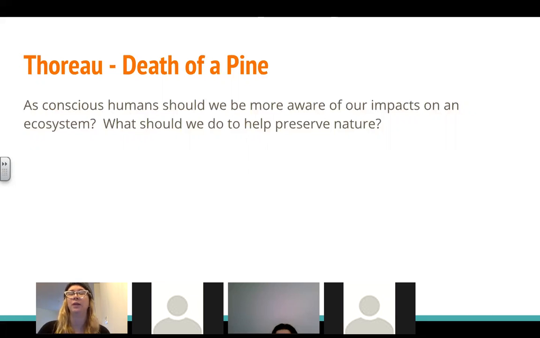Obviously not if you light something on fire and throw it into a forest. That's not the kind of fire we're talking about. But natural fires can help ecosystems go through succession, and that can actually help them become stronger. So it's kind of things like that, where we shouldn't be destroying stuff, but then should we be preventing nature from doing its own thing? It's a hard question to answer.